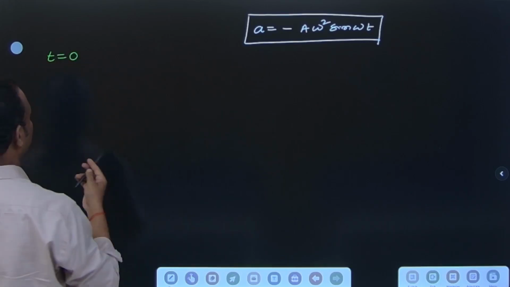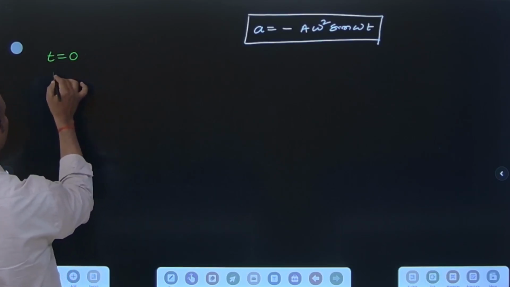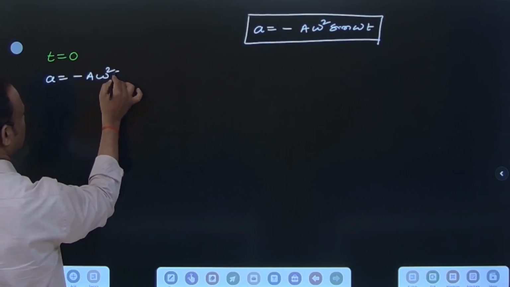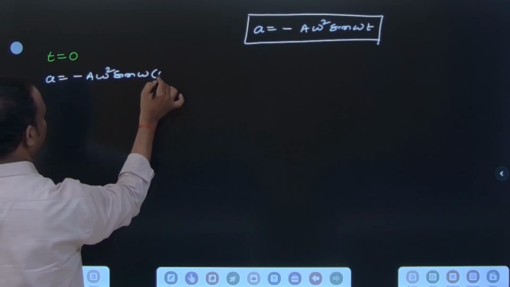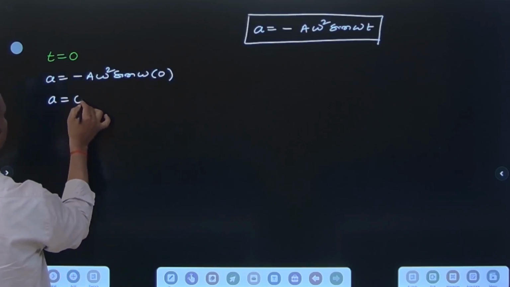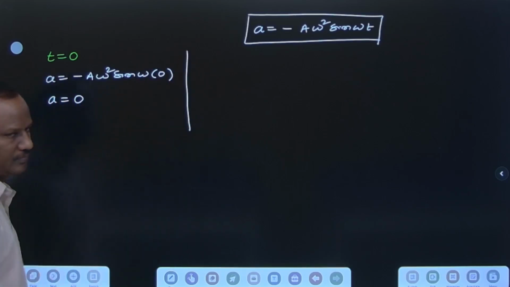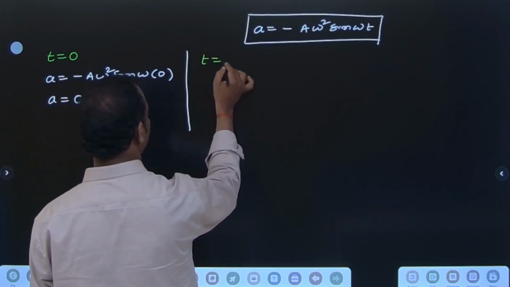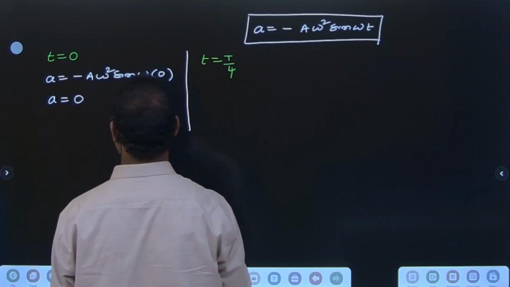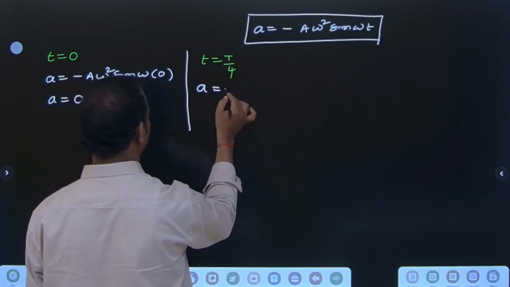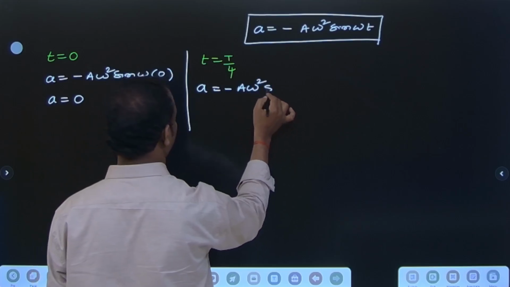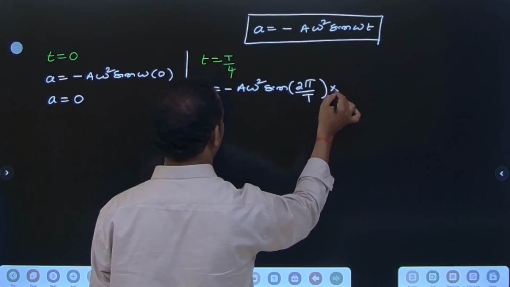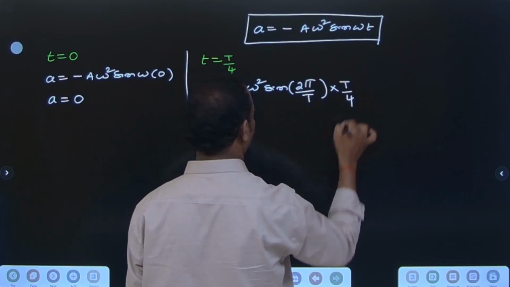For the first one, at t equal to 0, a is equal to minus A omega square sine omega times 0, so acceleration a is equal to 0. First one completed. Now at t equal to T by 4, a is equal to minus A omega square sine omega t, where omega is 2 pi by T into small t, which is T by 4.